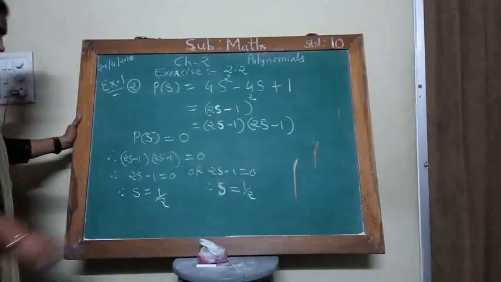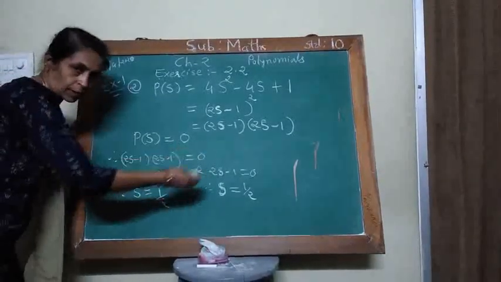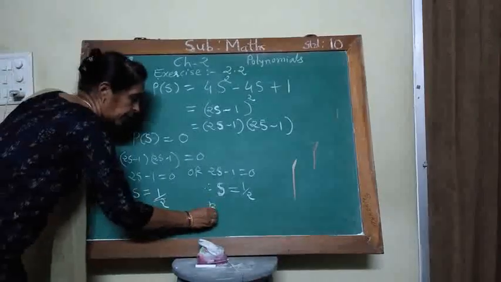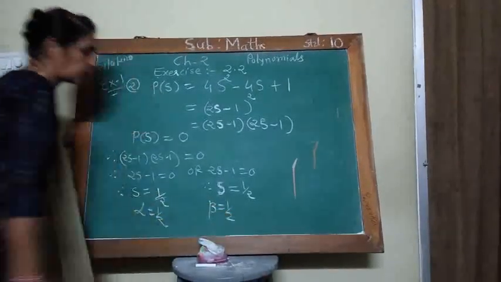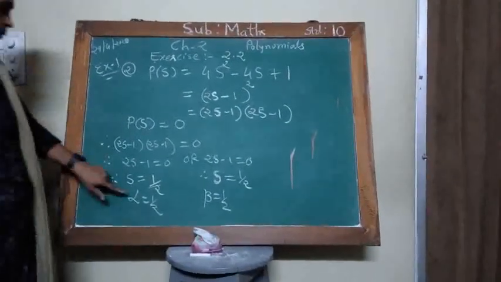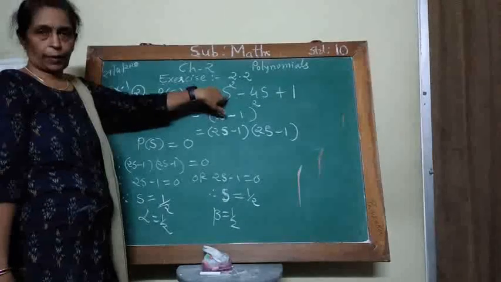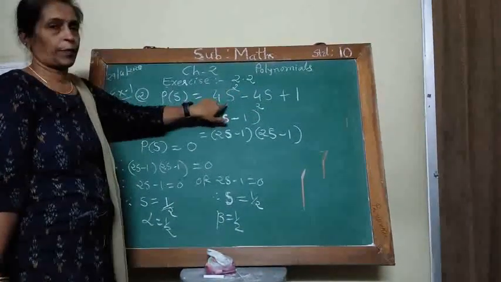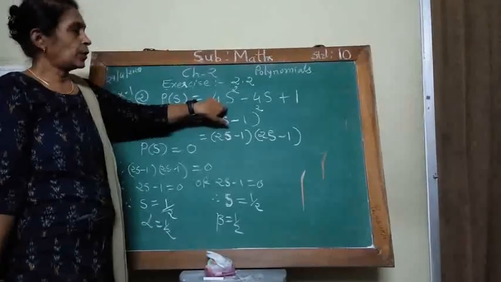So I replace s by alpha and the other by beta. So alpha is nothing but 1 upon 2 and beta is equal to 1 upon 2. Same zeros we obtain. If you want to verify, replace s by 1 upon 2 here, then you get 0.